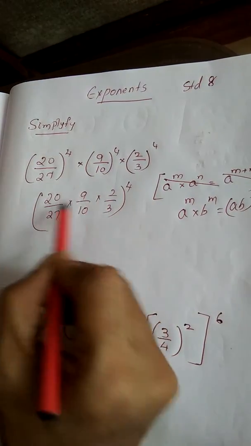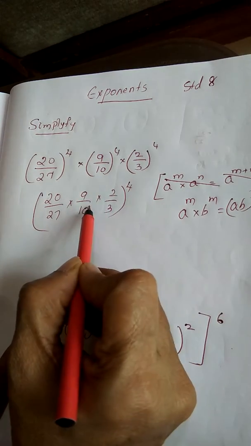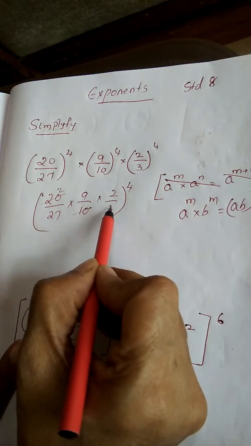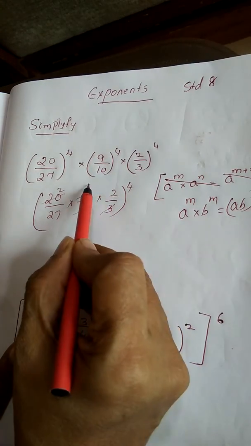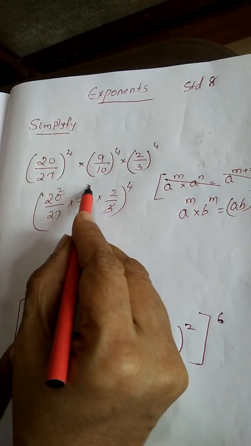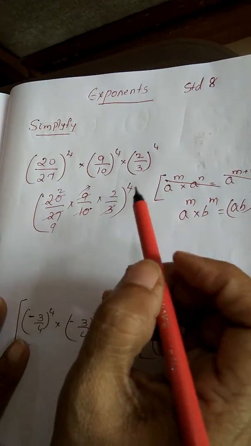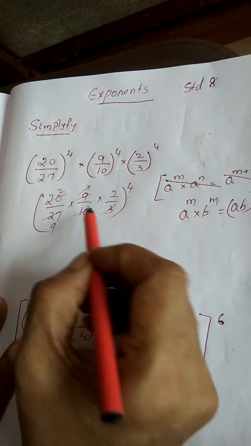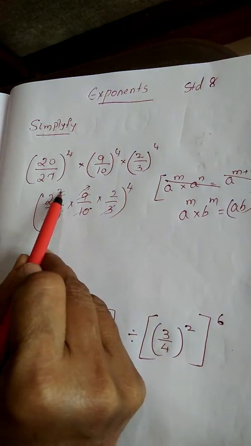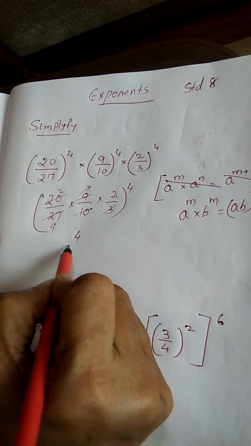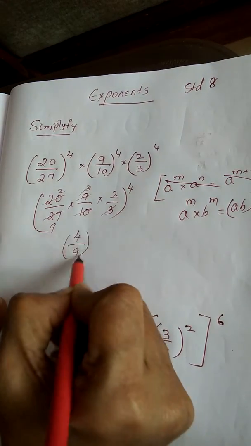Now we can see what you can cut. This and this will get cut 2 times. This will get cut 3 times. And this will get cut 9 times. And then that's all. So 2 into 2, 4 by 9, the whole to the power of 4.